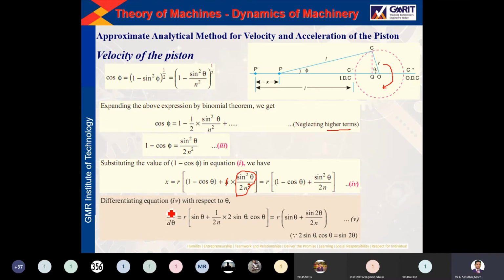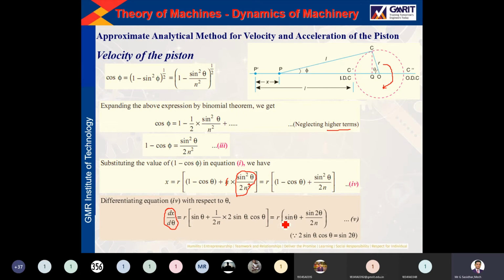Look at that, dx by d theta. Just normal derivation only. Here cos derivation and sin derivation, that's it. So applying derivation here, r of, here this is sin theta, this is 0, constant, and here sin square theta. First derivation is for this one, sin square, it is 2a, and again derivation of theta, 2 sin theta cos theta.